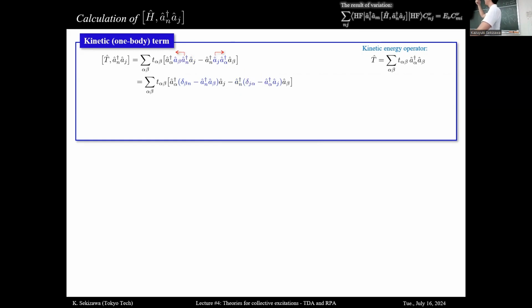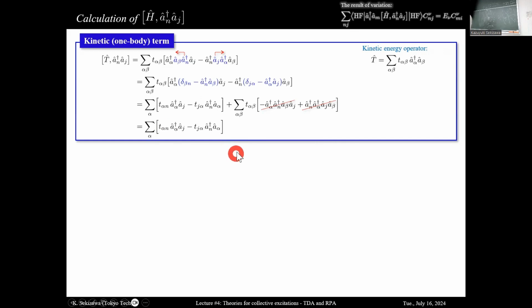All the A dagger operators should be on the left-hand side, and all the annihilation operators on the right-hand side. To move those operators, we again use the anti-commutation relations. If you work carefully, you will get this kind of equation. You can follow later by looking at these slides. This is just using this relation for exchanging annihilation operators.